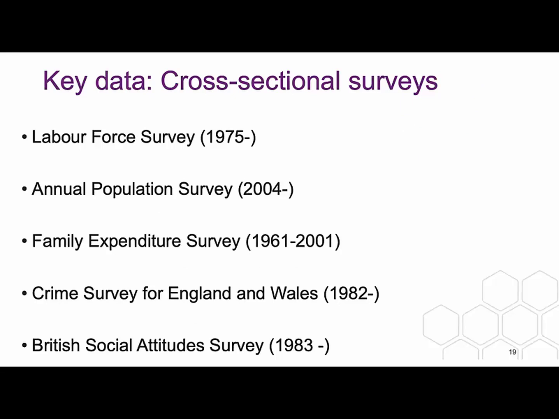The labour force survey is by a long way the most commonly used one, and we will talk about that specifically in a moment. But other popular examples include the annual population survey, so that's run by the ONS, and it began in 2004. It is a continuous household survey. The topics covered are employment and unemployment, housing, ethnicity, religion, health, education.